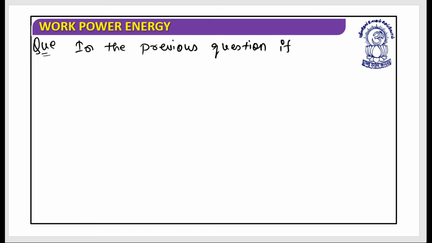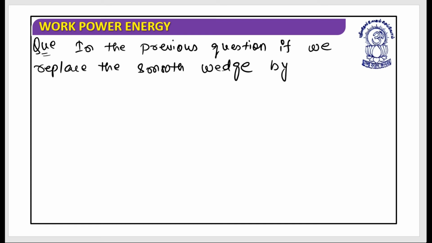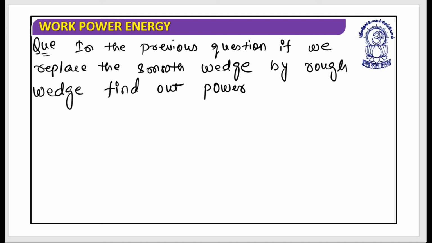Now let's add something to this. In the previous question, if we replace the smooth wedge by a rough wedge, find out the power required.